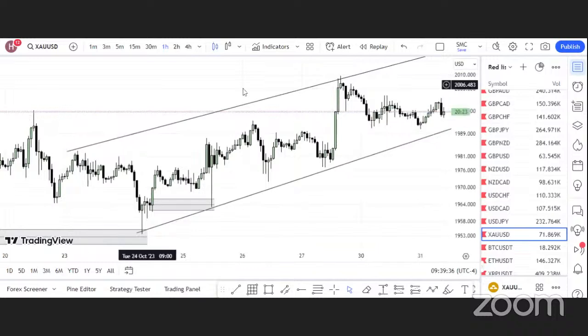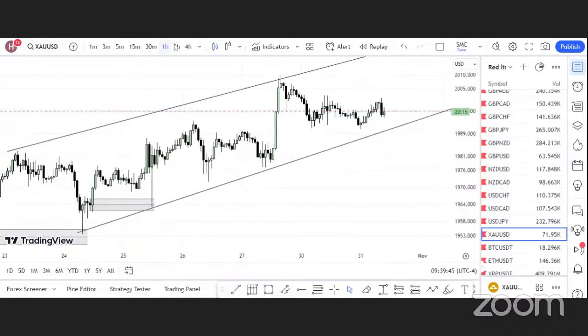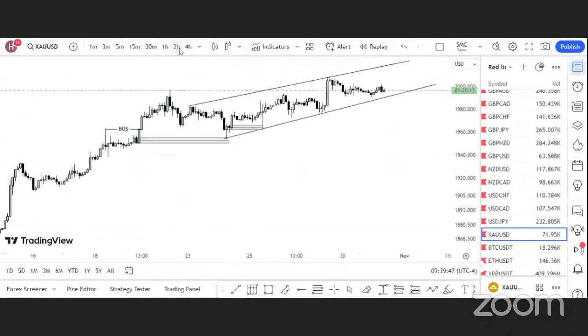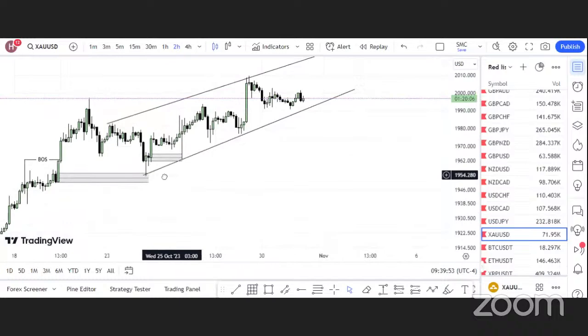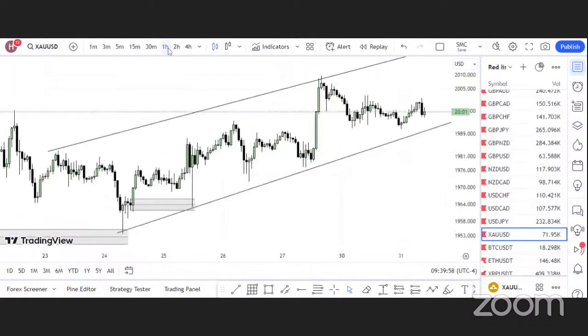So this is a major high, and this is another major high. Until this market comes below this area, this market is still on downtrend.